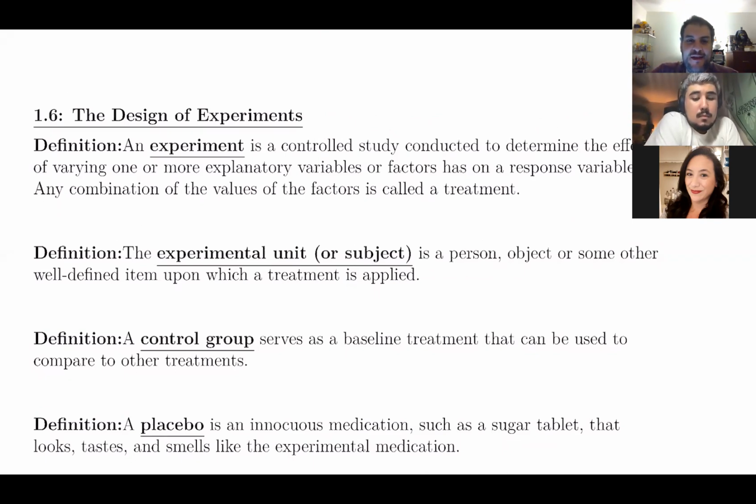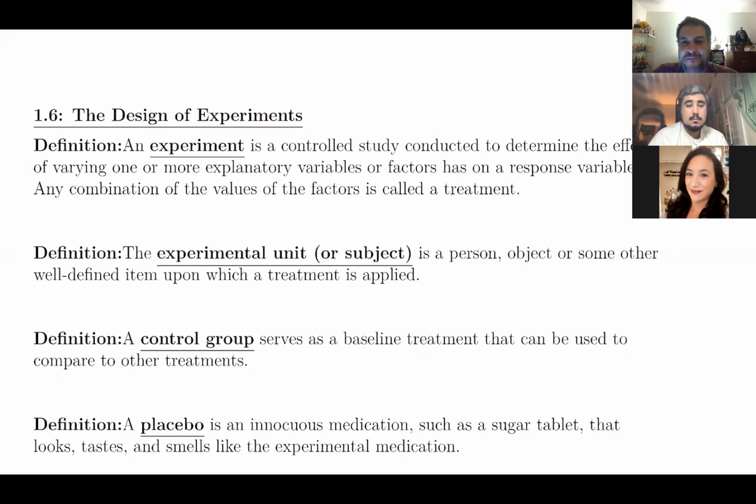So say an easy one would be a diet pill. The explanatory variable will be that we're giving them this treatment of a diet pill. The response variable, if we want to make sure the diet pill works, what can I collect that will tell me that the diet pill is working? Cool, yeah.